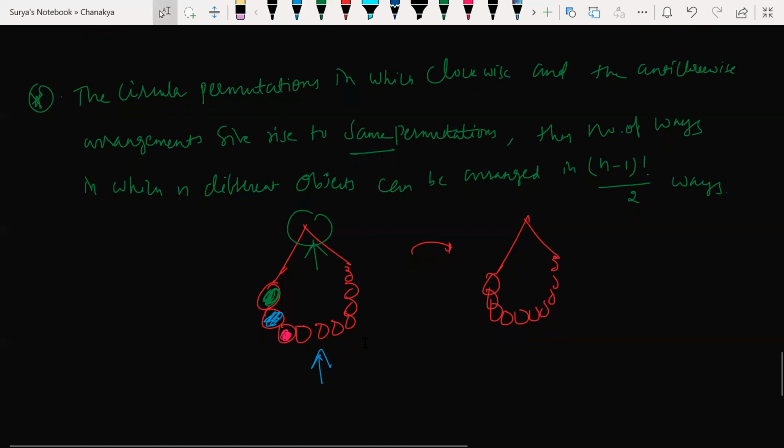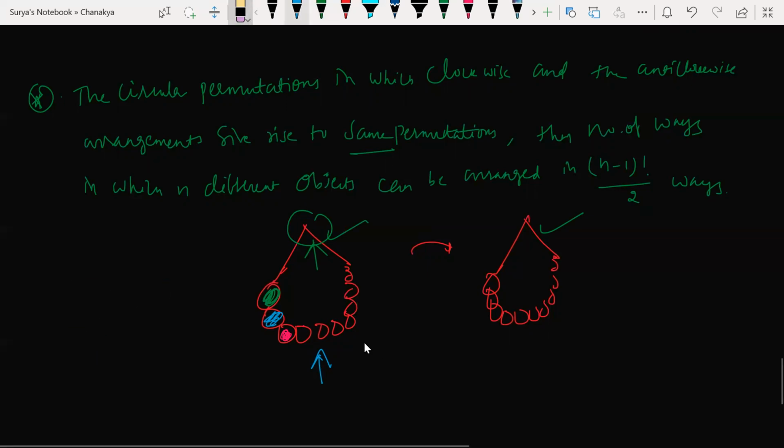You take a necklace, you wear it, and take that necklace again, tilt it, turn it around once, and wear it again. It gives the same permutation. It doesn't make a change at all. So that is the reason I'm writing (n minus 1) factorial by 2 here. Why are we dividing by 2? I'm doing two experiments here, first and second, and both give me the same result. So 2 by 2 is 1.